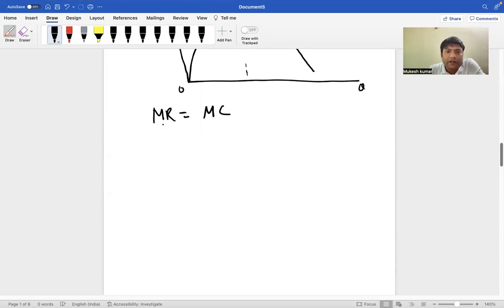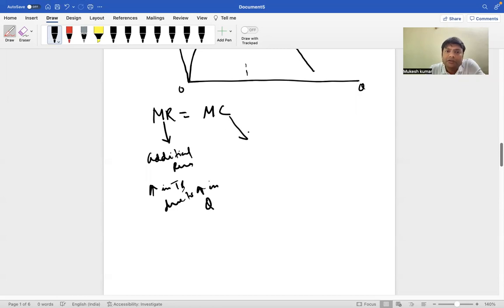As you know, marginal revenue is the additional revenue, the increase in revenue due to the increase in output, or in the selling of the goods.